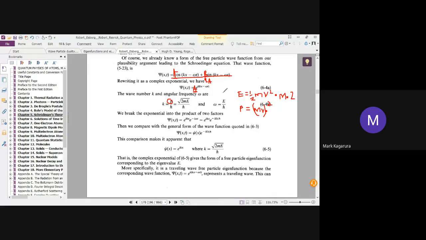So we need to also multiply this side by 2m. And so you can equate this, that P squared is equal to twice mE. So to get P alone, we take the square root of this, just in case somebody needs to go through it. So that's where we have that.